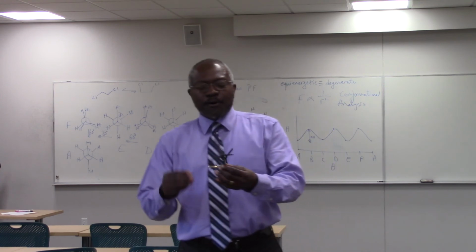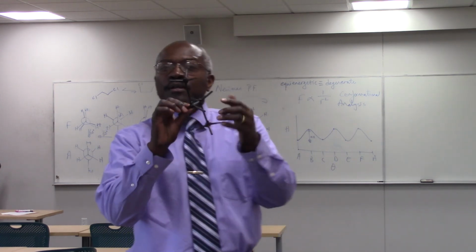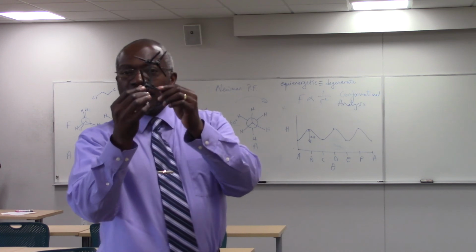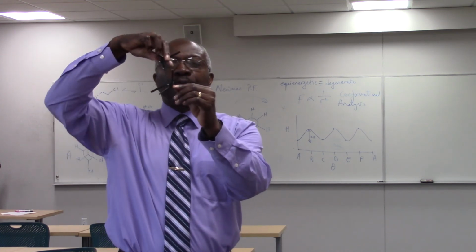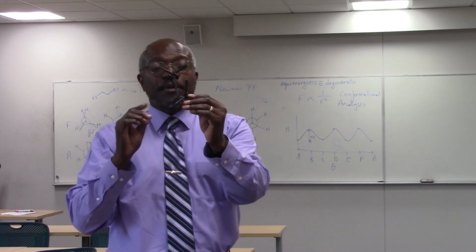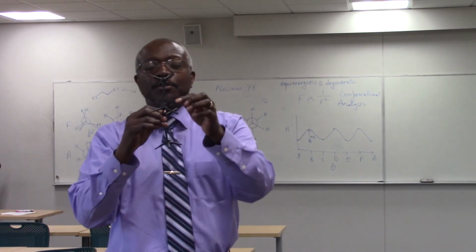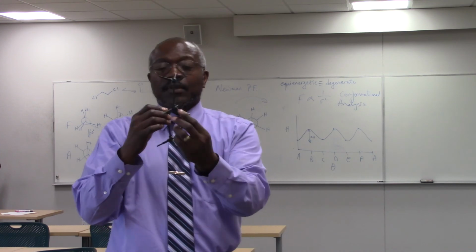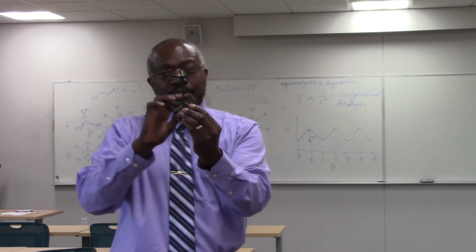Am I looking along the C1, C2 bond? Because if I do, that profile looks very different from if I look along the C2, C3 bond. Right? That profile looks entirely different.